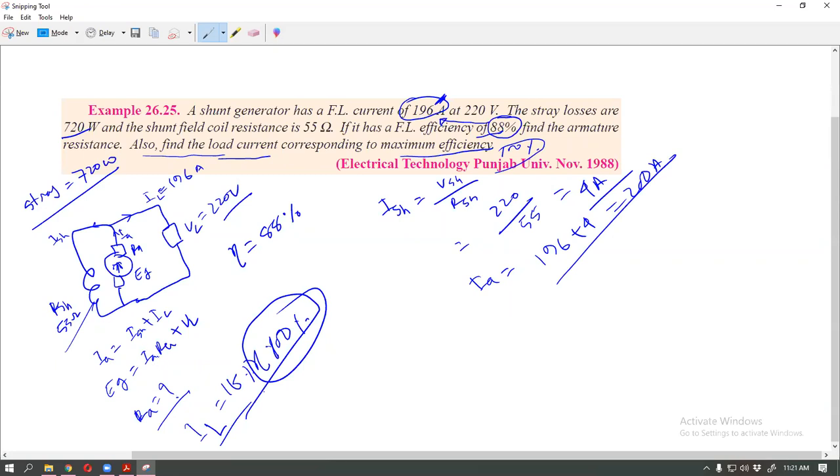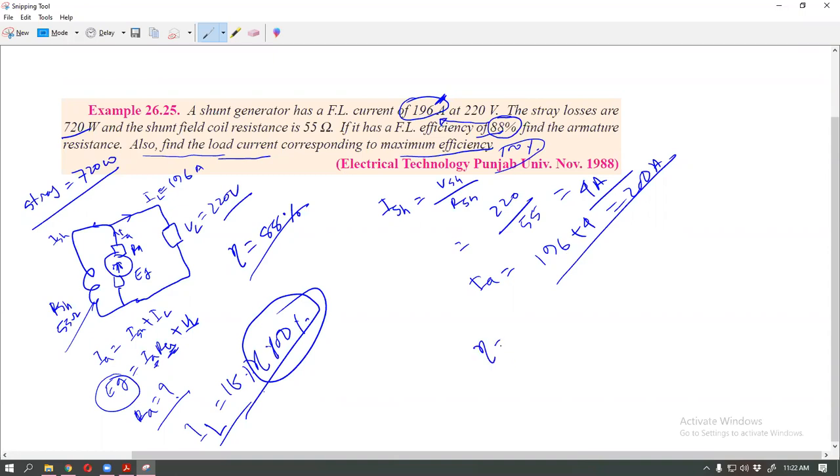Then RA. So RA is equal to this value, but we need the generated voltage. Now our efficiency is 88%.